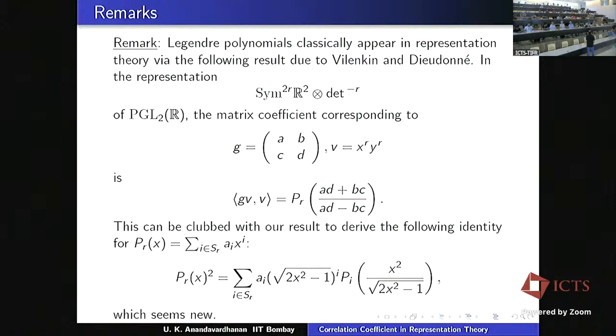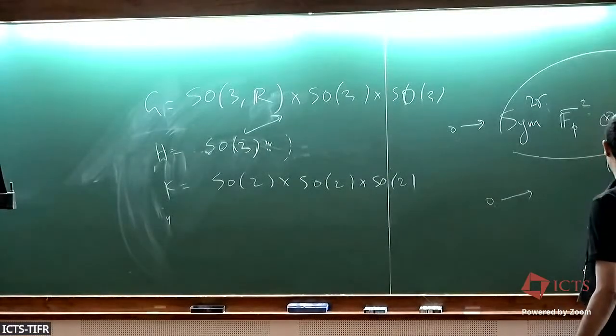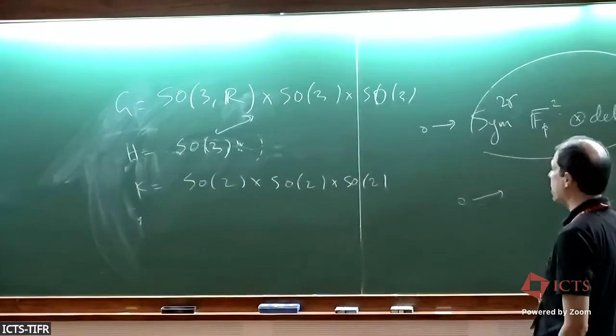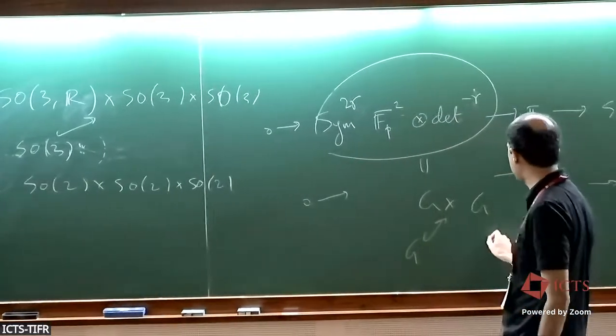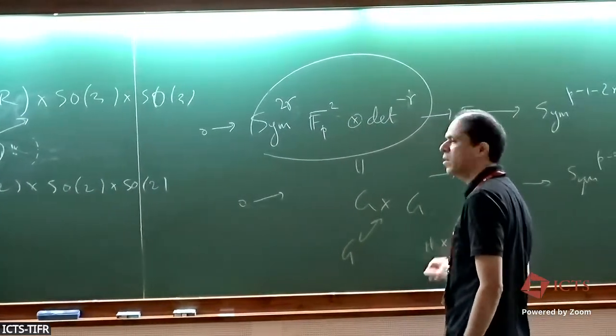But what makes sense is if you have G cross G and take pi1 tensor pi2, right. But then it boils down to this question. So the correlation, on this comment, suppose you have G, H, K, and you take the big group to be G cross G, and one subgroup to be G embedded diagonally, it captures some information on the original situation, and the other to be H cross K, right?